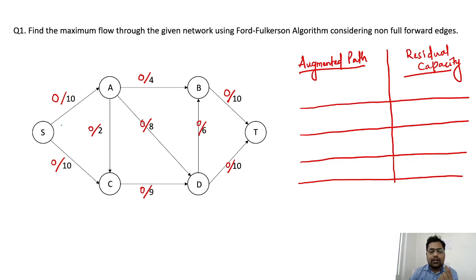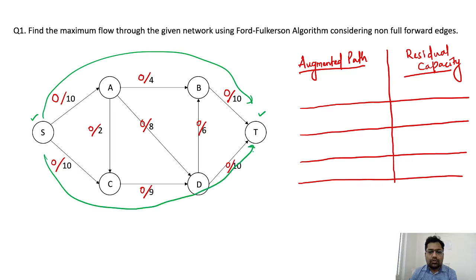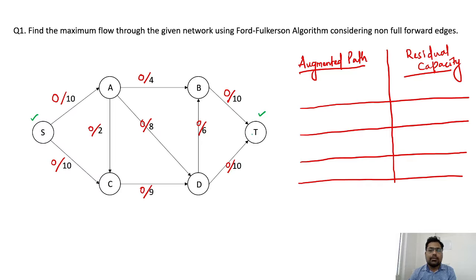Whenever you are finding the answer, think source to sink; the best way is this one and this one, one by one. This would be better because we do not have any conflict, and here also we can expect no conflict.